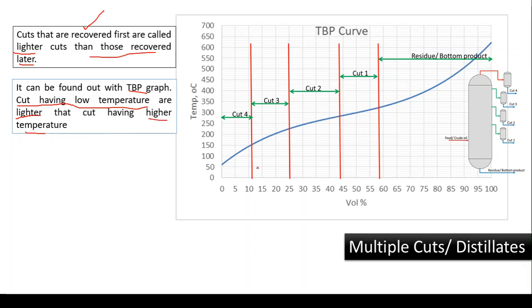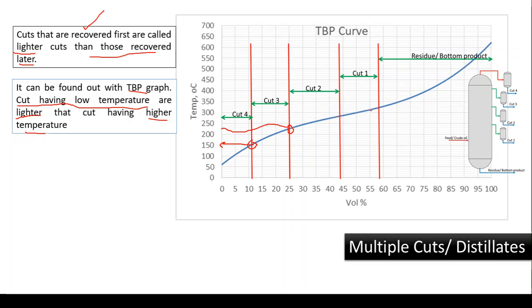If you look at the TBP graph, cut 4 has the low temperature, because its maximum temperature is this one, 150. Cut 3 has a higher temperature: this is the initial range of cut 3 and this is the final range, which is slightly less than 250. Then cut 2, see, its temperature is more.